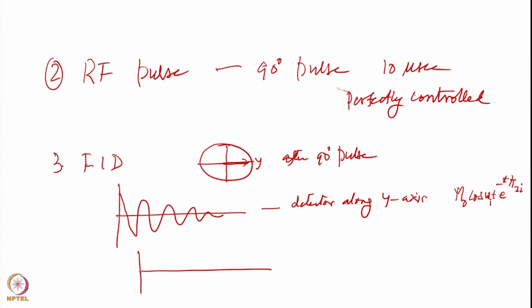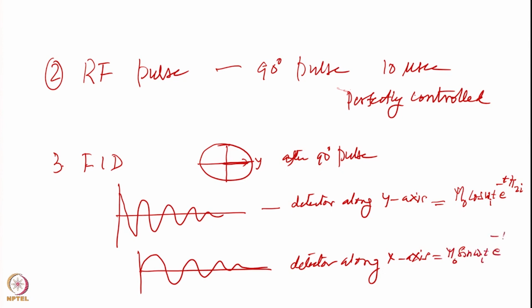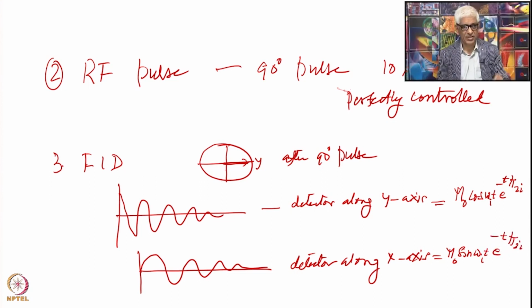And this one will start from 0 and then go like this. This is detector along x axis, and this signal is equal to M0 sine omega_i t e to the minus t by T2_i. This is for one particular frequency. It is similar for the other frequencies as well.